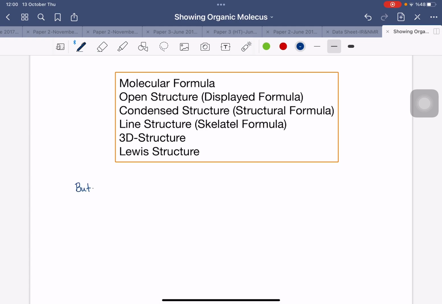Butane. Butane has 4 carbon atoms and 10 hydrogen atoms. We call this the molecular formula of butane.